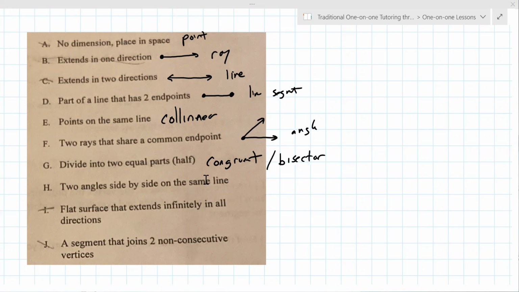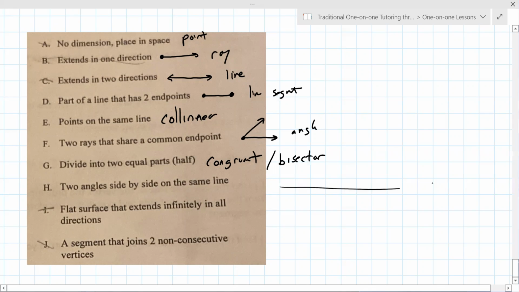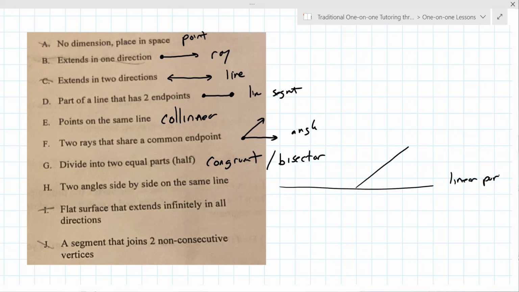Two angles side by side on the same line. That picture is referring to H, the linear pair. Two angles side by side. I don't think it's a very good definition, but it explains it, just not greatly.